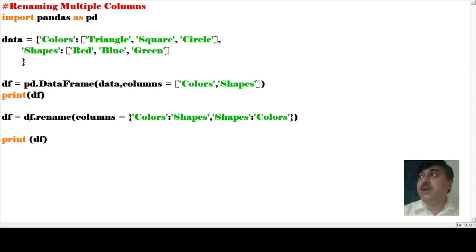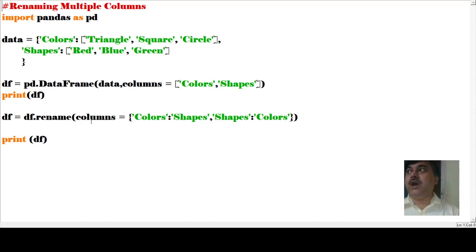Now what we find is df.rename. df.rename means we can see that we have this particular structure, and we have the pattern of the columns that we are constructing.